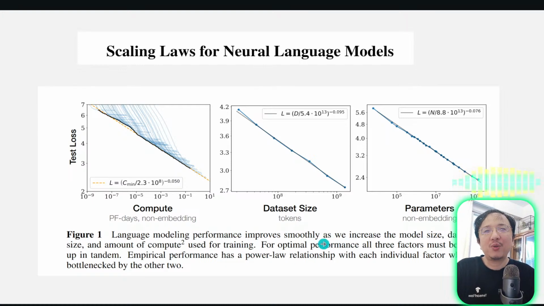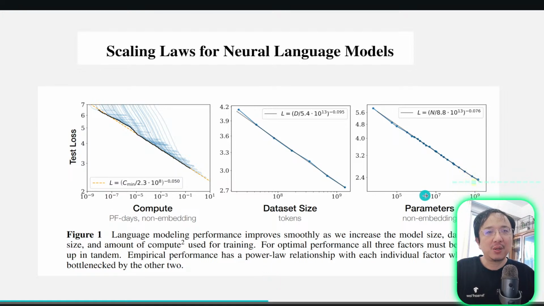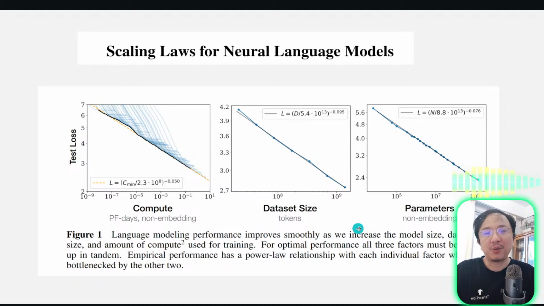But if some parameter is left behind, it will become the bottleneck. So they figured out power laws between the three to get the best performance.